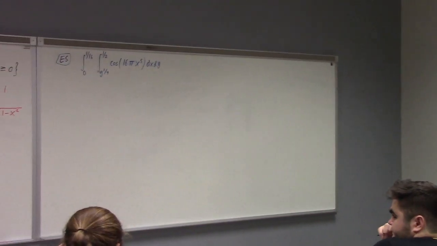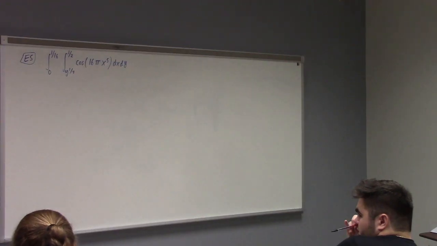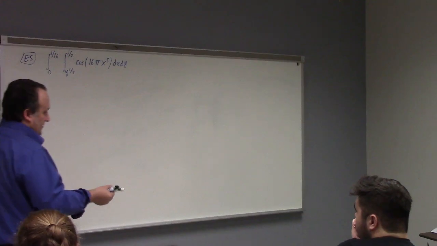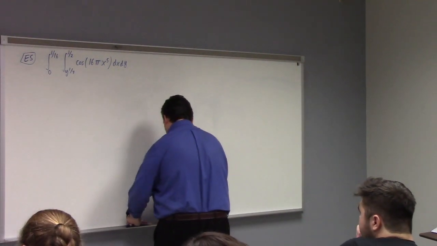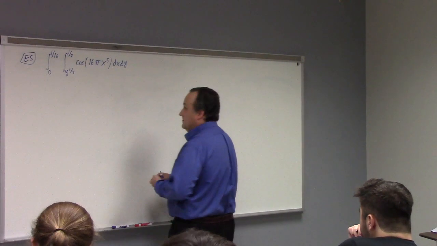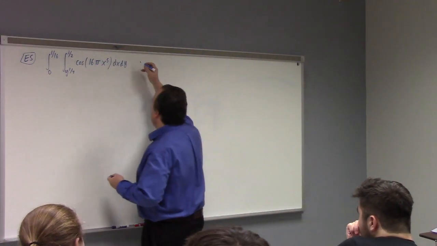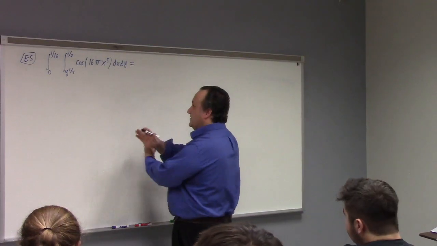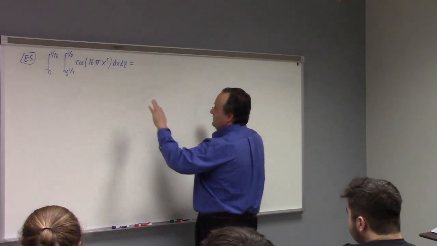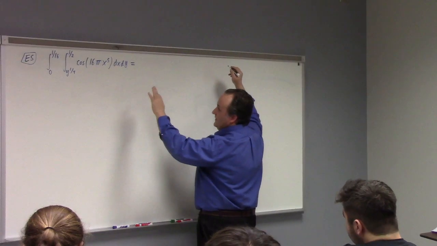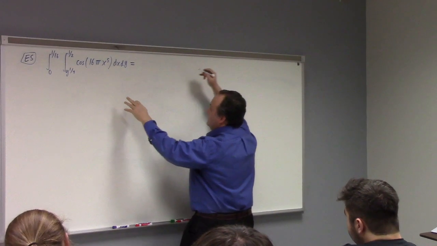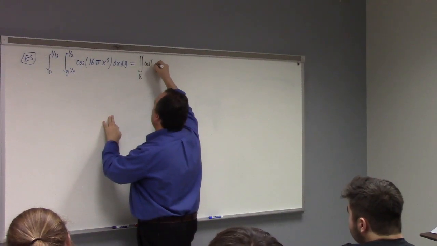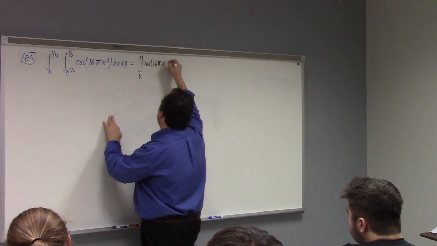So what do you guys think? Yeah, I think clearly we cannot do the integral as it's stated, right? So for this to be a reasonable problem, perhaps changing the order of integration will help us. First of all, we need to read from this: what does it tell us about the region of integration? This is the integral over some region of the cosine of 16 pi x to the 5th dA.